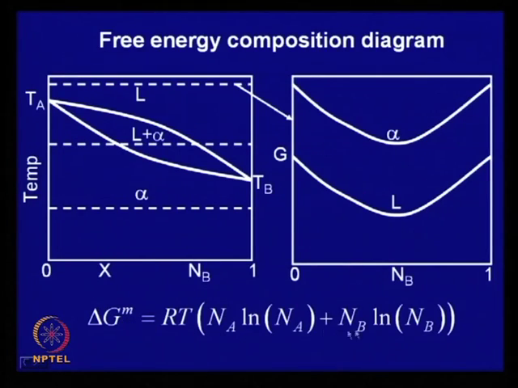And the relationship is, you can say that what we are writing is a delta G of mixing. So, when you mix the two, this is what is happening, but because this is a temperature which is much above the melting point of A, which has a higher melting point, here for pure metal, the free energy of alpha or A will be higher than the free energy of the liquid.